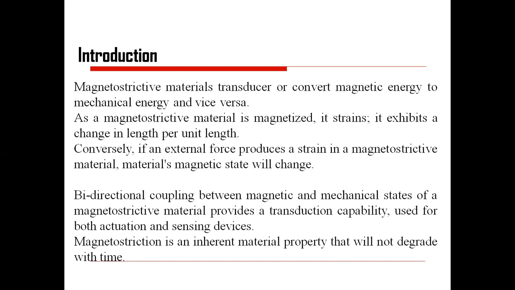As your magnetostrictive material is magnetized, it strains, and exhibits a change in length per unit length. Suppose we take a pin used for paper. There are a large number of such pins. If you bring a magnet near that pin, you will see the pin is forced to move towards the magnet depending upon the strength of the magnet, but its length is also changing.